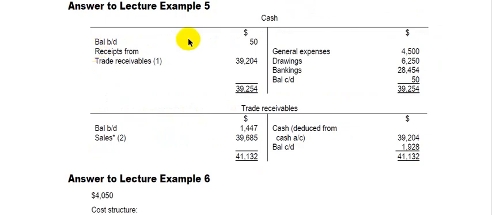The cash, the opening balance being an asset, will be a debit balance of 50, because the question says the float should be 50. So this should also be the closing balance, 50. The trade receivable opening balance, again an asset, is on the debit side, 1447, closing balance 1927.